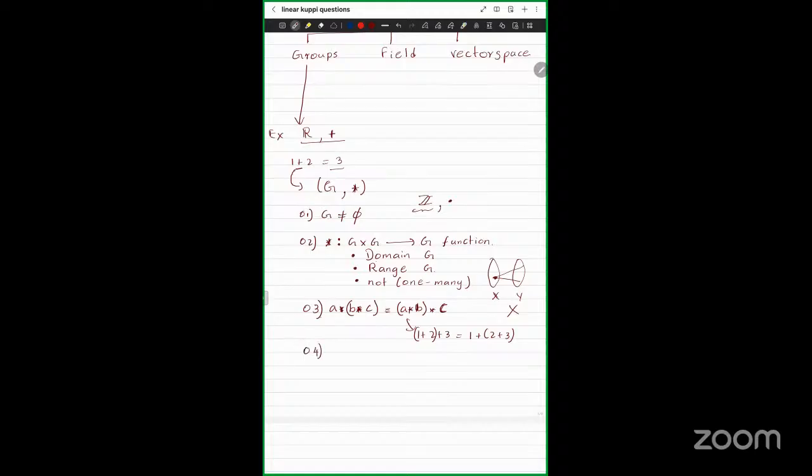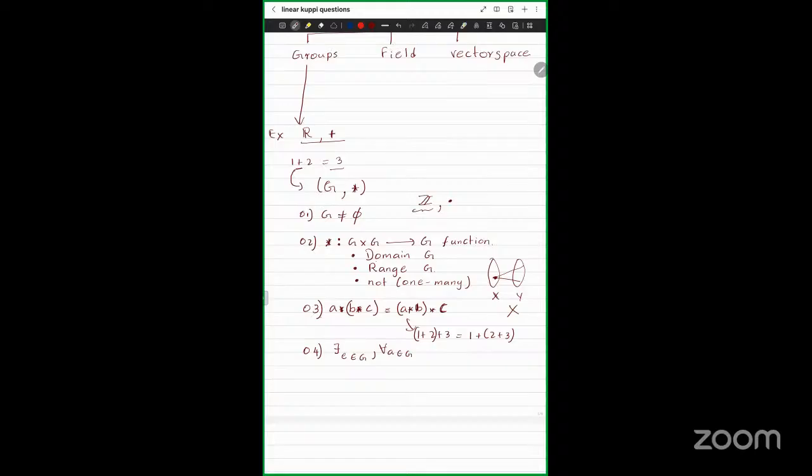And the fourth condition is there exists one identity element that is in that set. It should be in that set, and that's for all A in that set. So it should be the two things here.